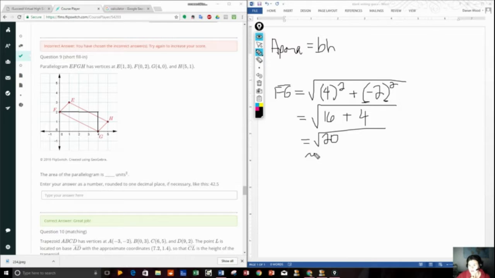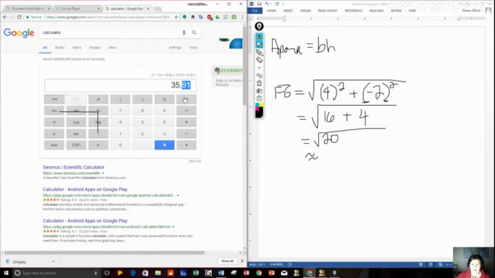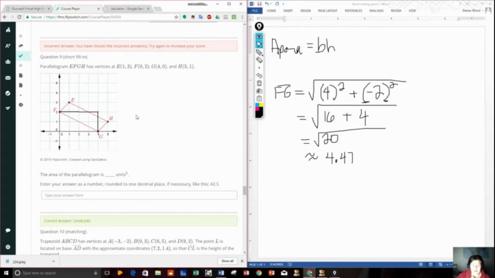So then what is our approximate for the square root of 20? I'm going to come over here, the square root of 20. That's going to equal 4.47. So now we need to find our height of it.